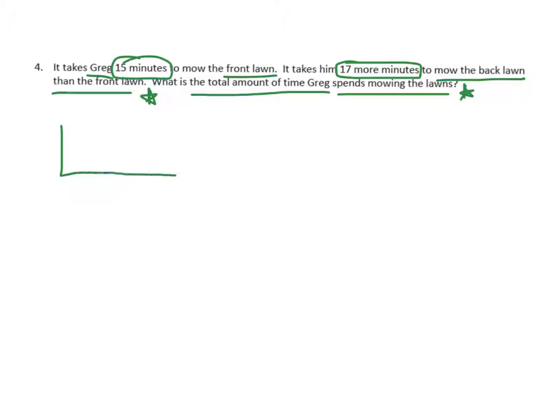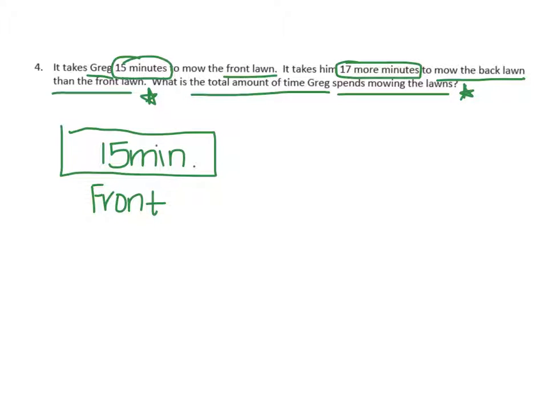So I'm going to draw a piece of tape. I'm going to label it front, and I'm going to write that it takes him 15 minutes. Now, the second sentence says that it takes him 17 more minutes to mow the back lawn than the front lawn.